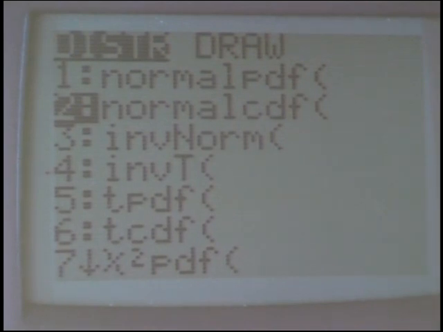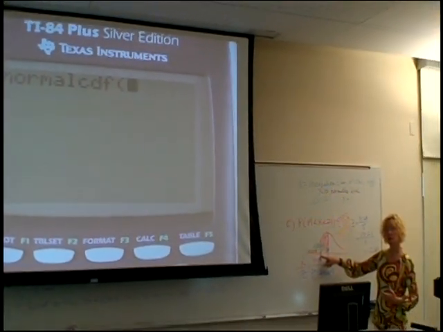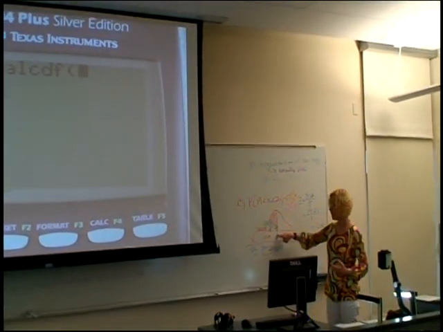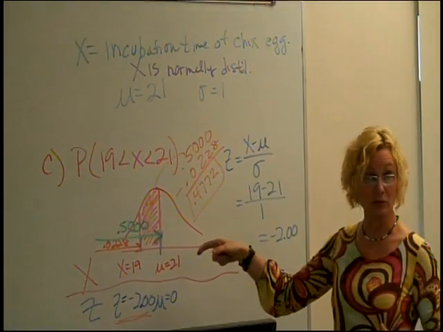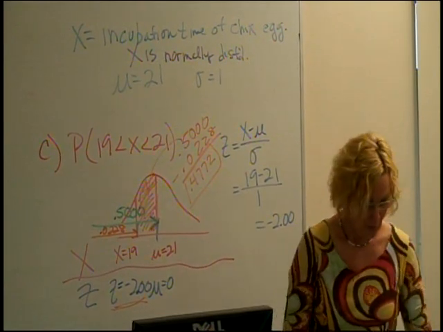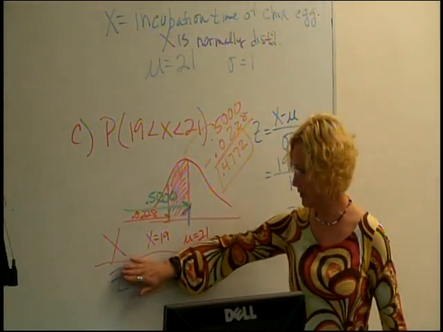So you drag that to your home screen, and now what the function wants in those parens is the lower bound of the chunk of probability you're seeking, comma, upper bound, comma, mean and standard deviation. So the lower bound would be the 19.